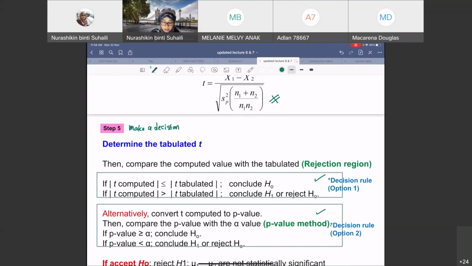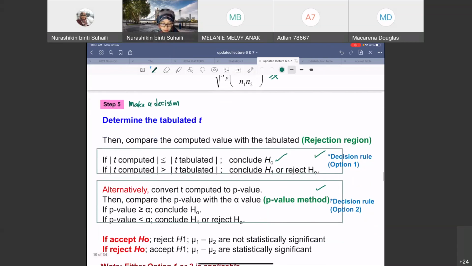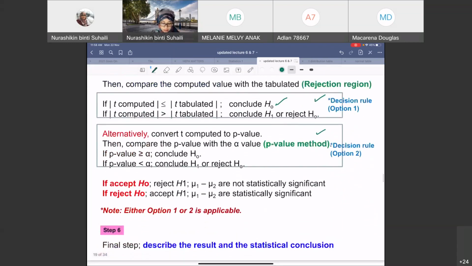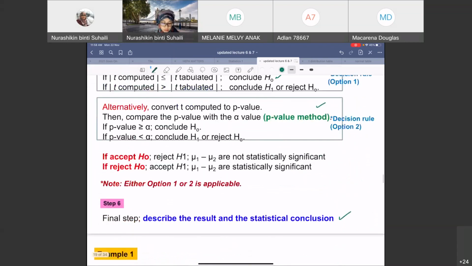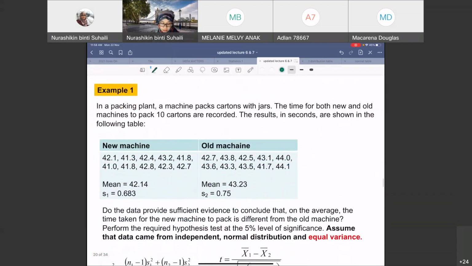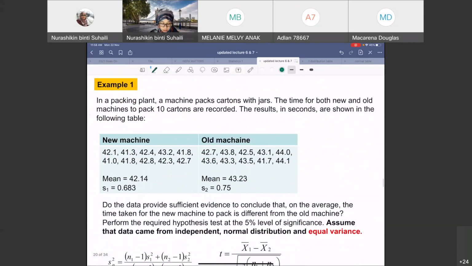And the pattern of the decision is the same. Just now we have z, but this one we have t. So if the t computed is less than t tabulated, we conclude this, and the other way around. Now step 6 is to make a conclusion. So, let's have a look at the example directly so that you can relate with the steps just now.